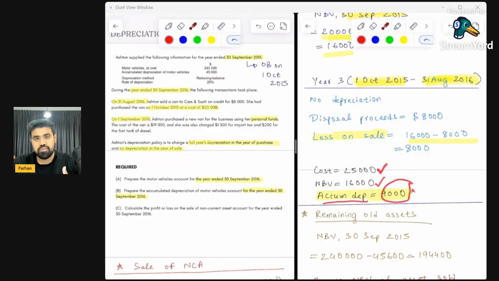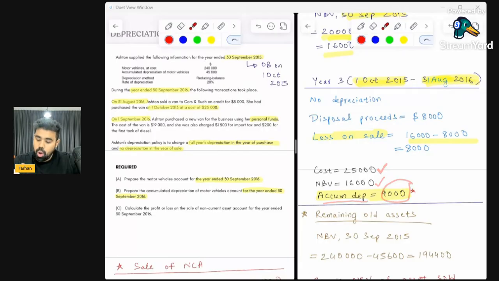Because the cost was 25 and the net book value was 16, which means obviously the 9,000 that we are looking for has to be the depreciation which we have consumed, right? Which we have incurred due to consumption of that asset's benefits, right? So $9,000 is the accumulated depreciation, okay?